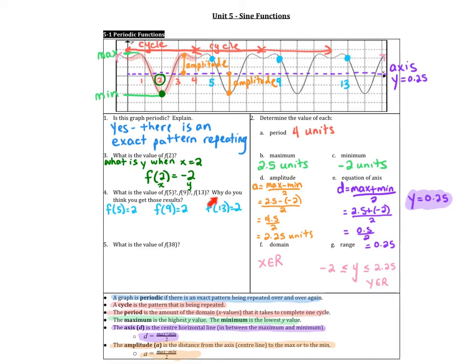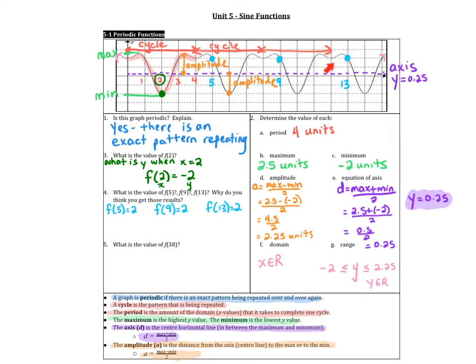So the question is asking, why do you think you get those results? Why is it that the y value is always 2? And that's the whole point of this being a periodic function. In a periodic function, the pattern repeats itself, and the period is 4, which means the pattern is repeating itself every 4 units. So whatever this value is, 1, 2, 3, 4 units later, it's going to be the same.